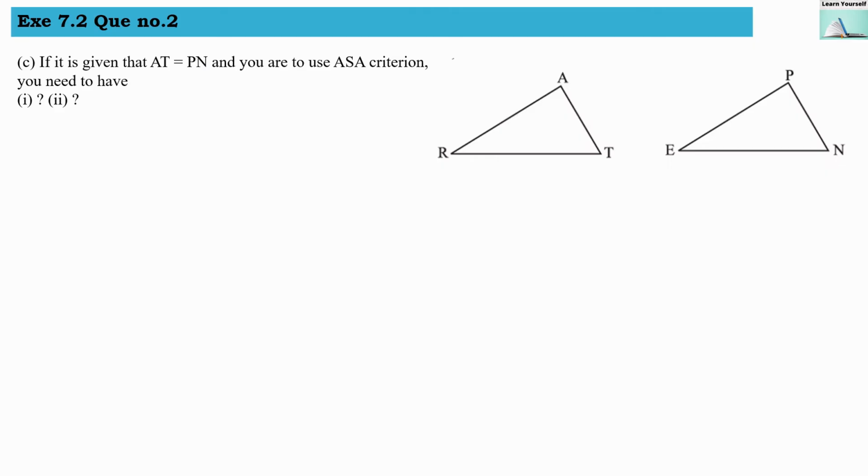Our third question, if it is given that AT equals PN, so AT, this side, is equal to this side, AT equals PN, and you are using ASA criteria. Now ASA criteria suggests that it is angle side angle.